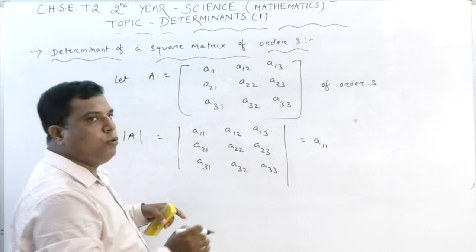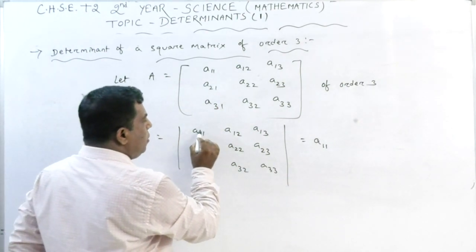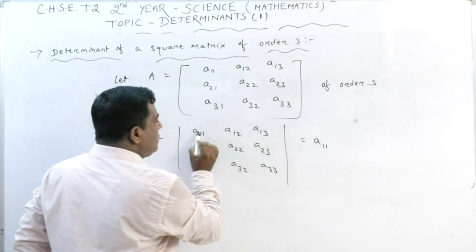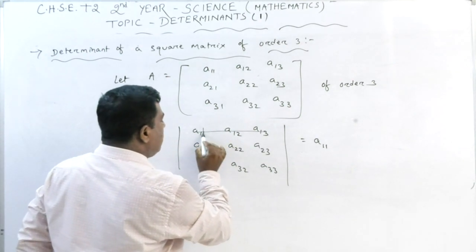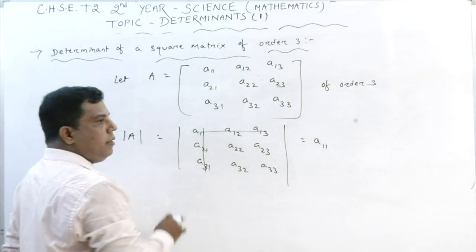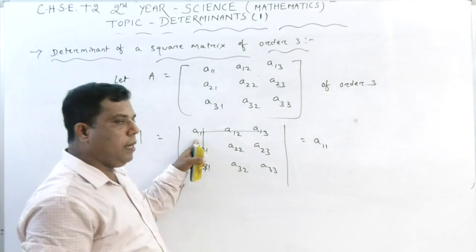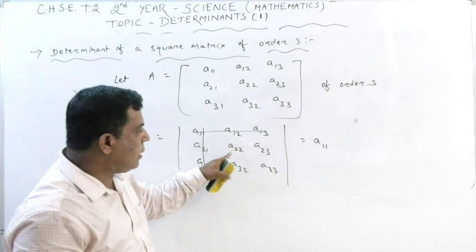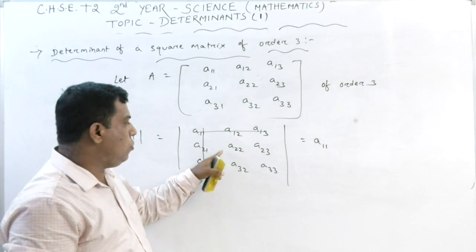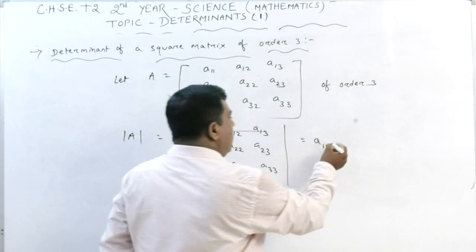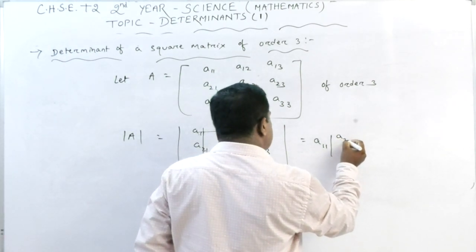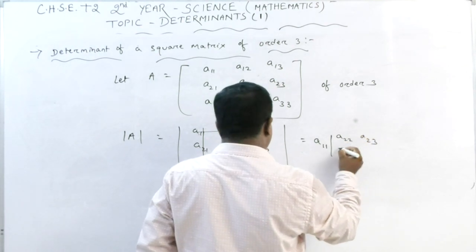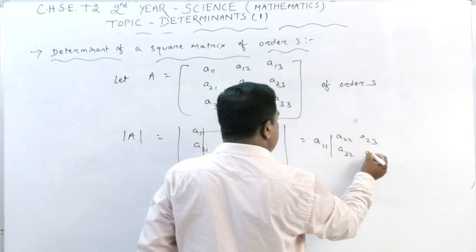With this, you have to leave the other elements present on that determinant, of that particular element. Leaving it, what are the elements you find? Write it in determinant manner: A22, A23, A32, A33.